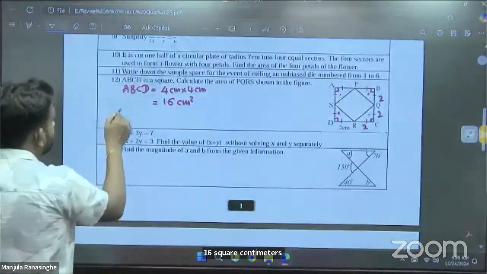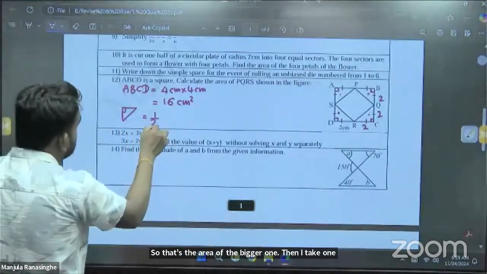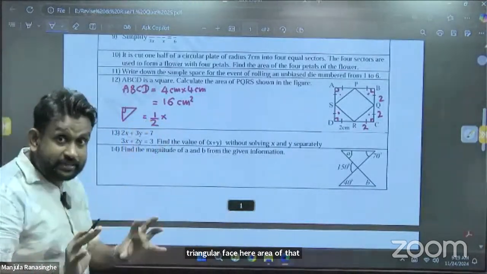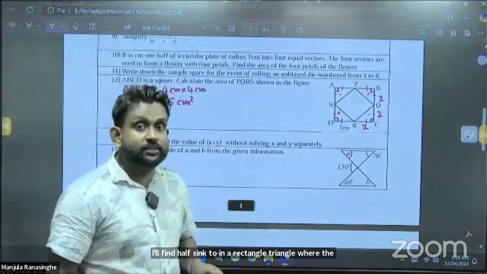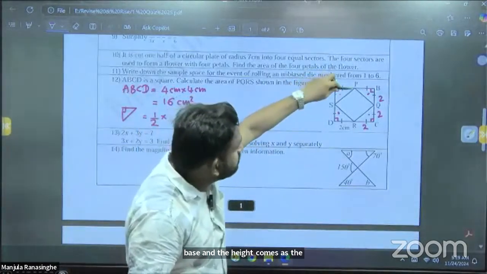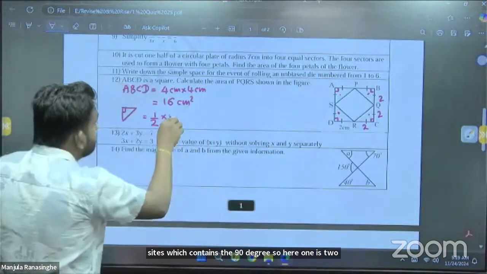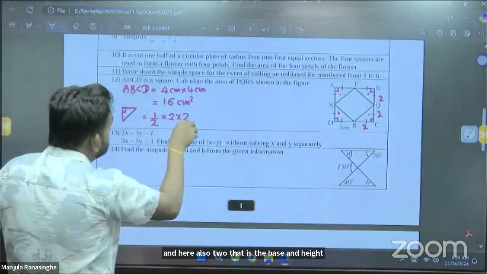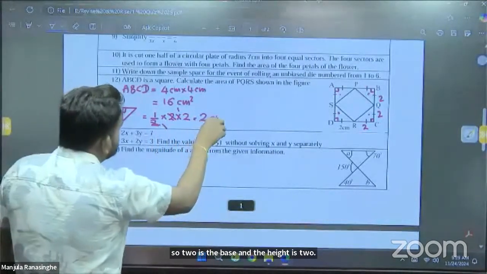Then I take one triangular face here, area of that. How to find? Half into, in a right angle triangle, the base and the height are the sides which contain the 90 degrees. So here one is 2 and here also 2. That is the base and height. So 2 is the base and the height is 2. Then 2, 2 cancel. Then that gives you 2 square centimeter.